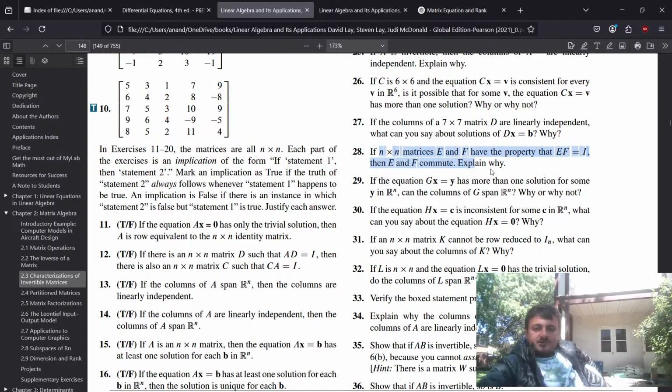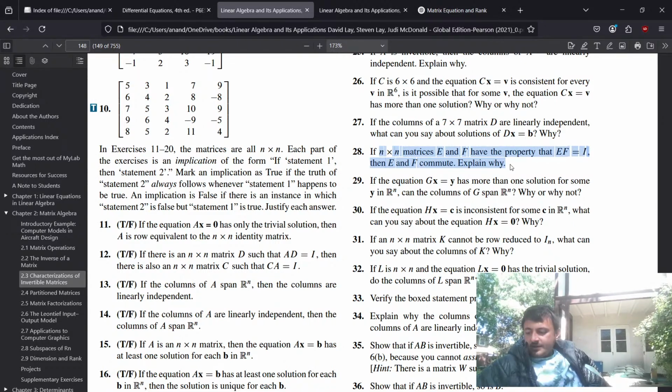If n by n matrices E and F have the property that EF equals I, then E and F commute. Explain why. So this is 28.